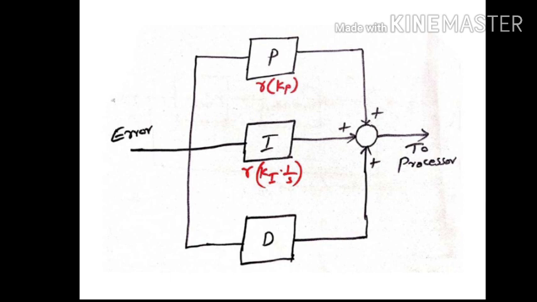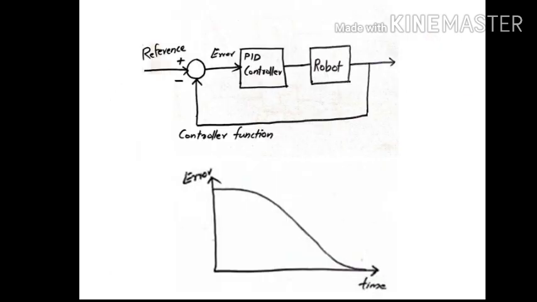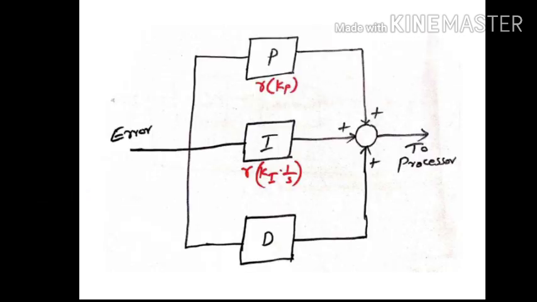The output we get has the minimum error and is fed back to the robot manipulator or to the processor of the robot.